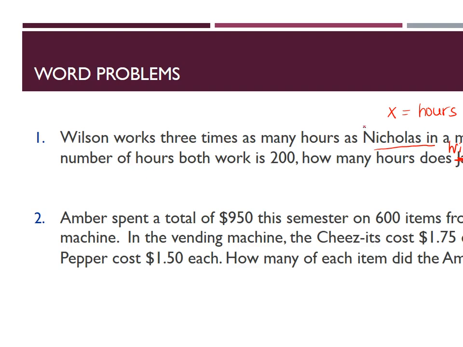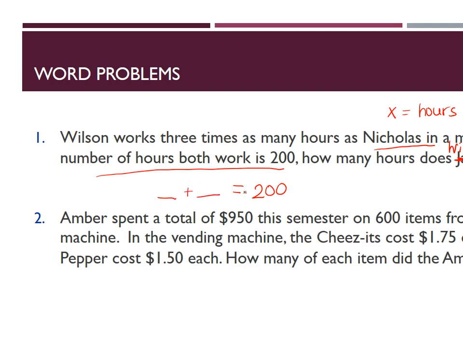So the total number of hours both work is 200. So a lot of times when you see the word total, that's going to mean some equation equals that. So you're going to have some equation equals 200. Now the 200 is made up of how much Wilson works plus how much Nicholas works, right?